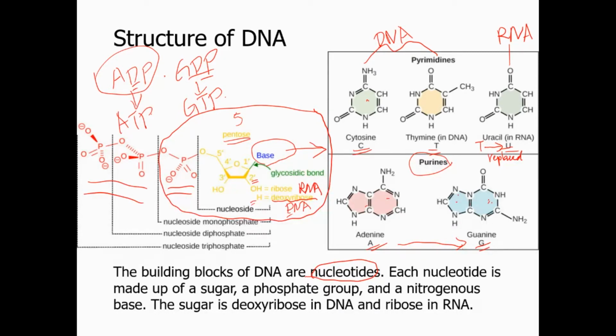Okay, so make sure you know these 3 components, and if I have a figure, like this figure in the test, you should be able to identify which component is which. So I may have a number here. So I'm going to ask you, what is number 1? So that's the phosphate group. And what is number 2?